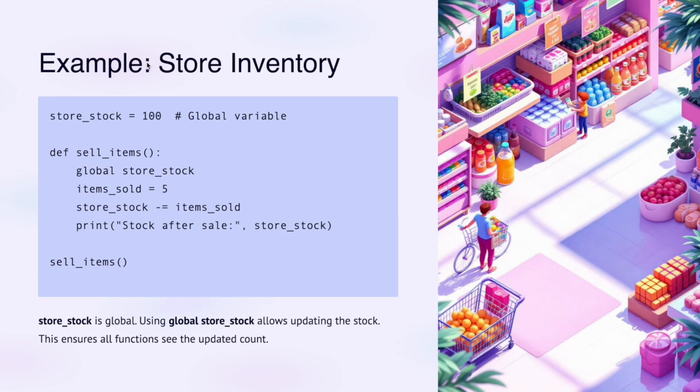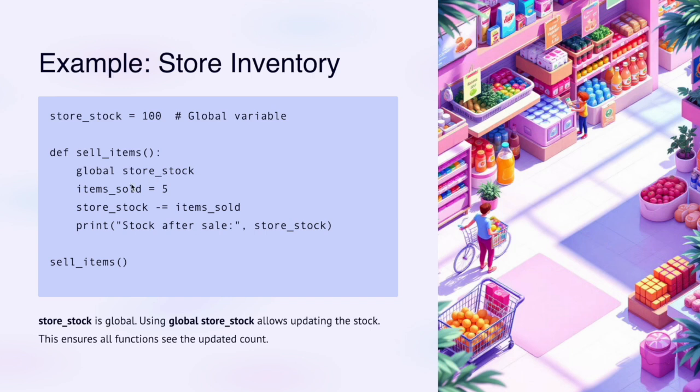So let's take an example for this also. Store inventory: let's say we have a store. In total we have 100 store stocks. It doesn't matter what items it is. Inside this, sell items is a function which manages how many items have been sold. We are using the global keyword to modify the store stock.